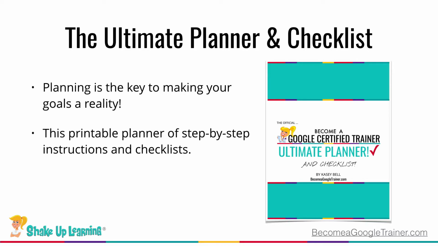So this printable planner of step-by-step instructions and checklists is going to give you just that. So we're going to work through each of the steps, and you're going to be able to add everything in there, put it on your calendar, set up some reminders, and make sure that you reach your goal of becoming a Google certified trainer.